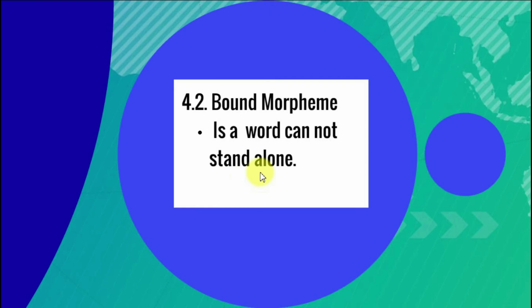So what is a bound morpheme? A bound morpheme is a word that cannot stand alone. That is it. If you understand the definition of the bound morpheme, I think you understand, and I will tell you one more thing about bound morphemes here.